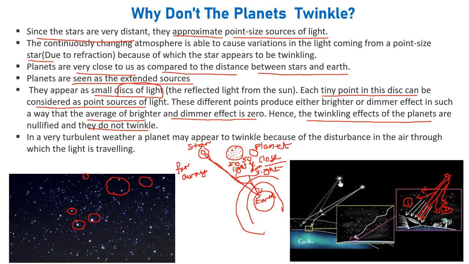Even if some of the point sources are not producing a bright light, the other point sources will average out the dim effect, and that is why planets don't twinkle whereas stars twinkle.